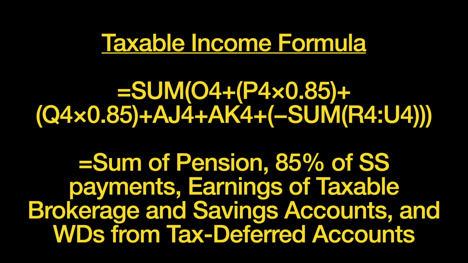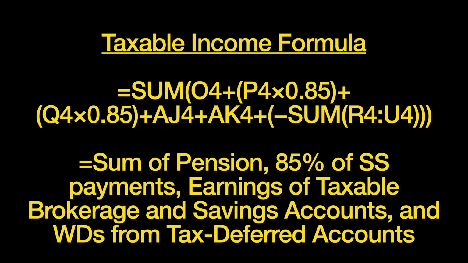And the taxable income is the sum of your pension, 85% of your Social Security payments, both the main Social Security primary benefit and the spousal benefit, the earnings in your brokerage and savings accounts, plus the taxable withdrawals from your tax-deferred accounts.